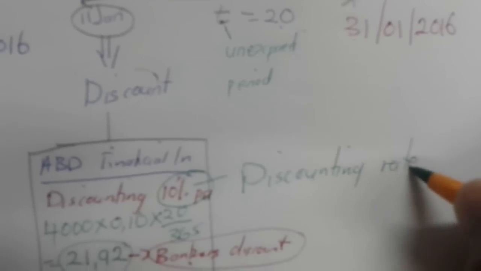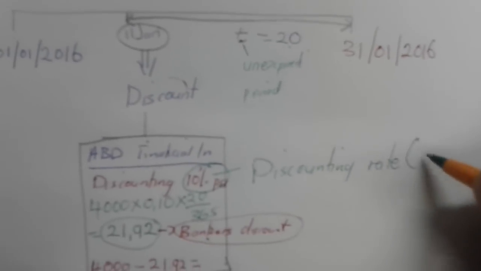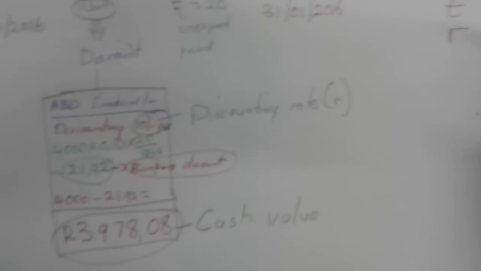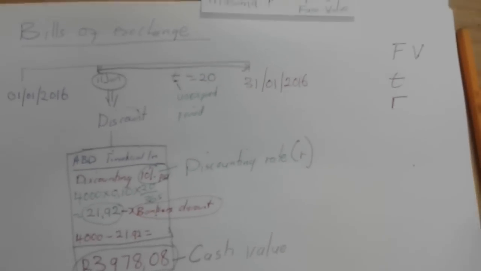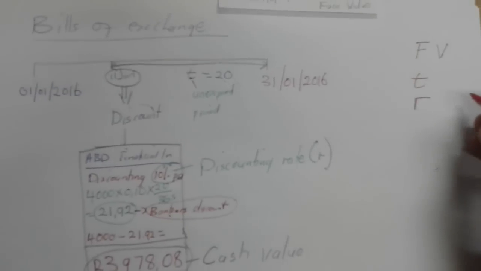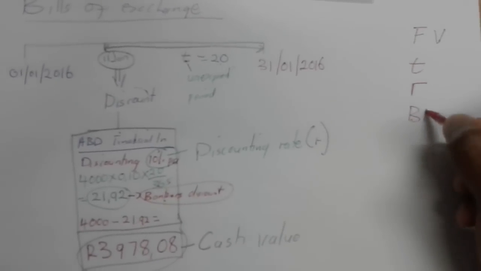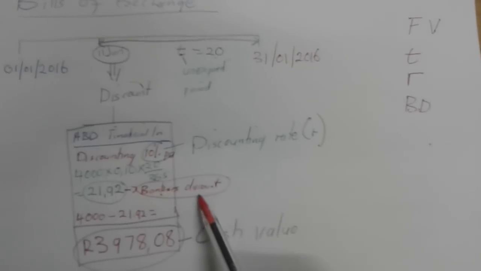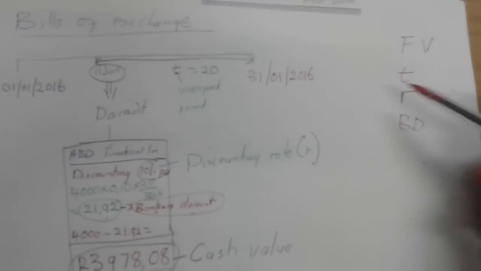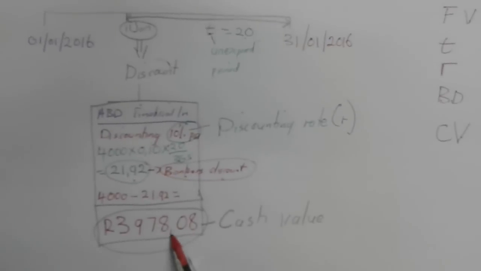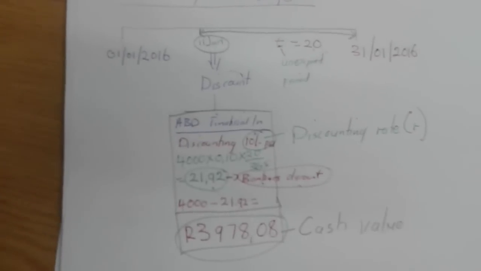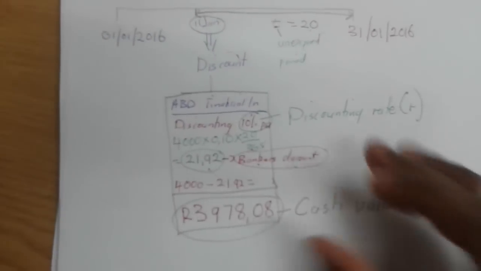We also have the BD, the banker's discount, which I just worked out. And finally, we've got the CV, the cash value. Now, this is bills in general.